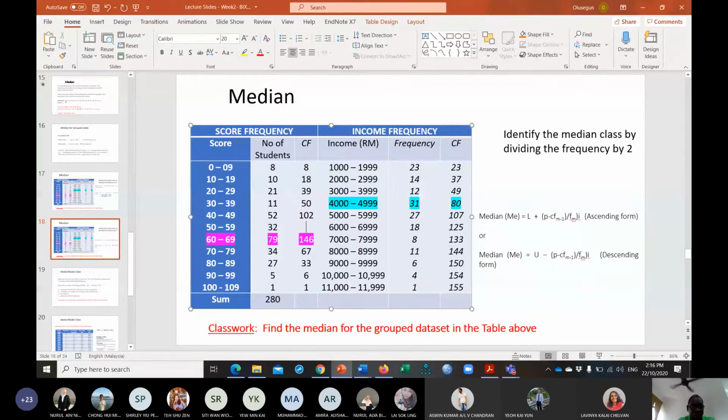146 plus 32, I got 178. Anybody cross-checking? Yes, 178. And 178 plus 52 gives 230. 230 plus 11, 241.